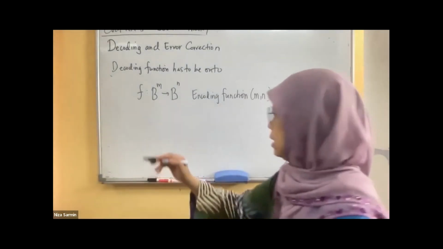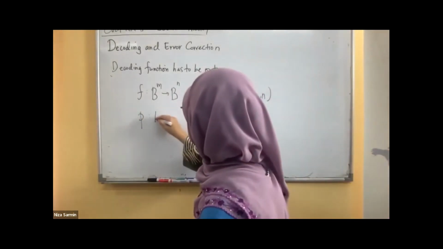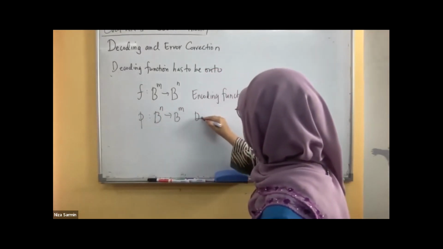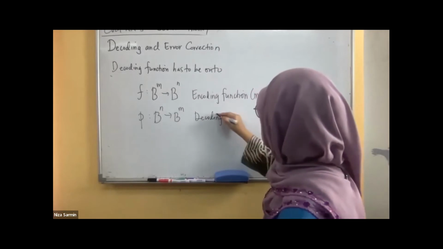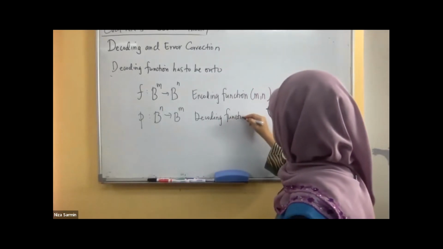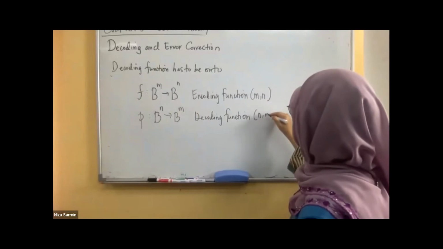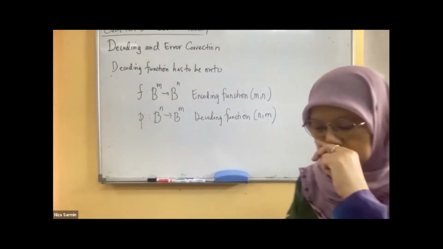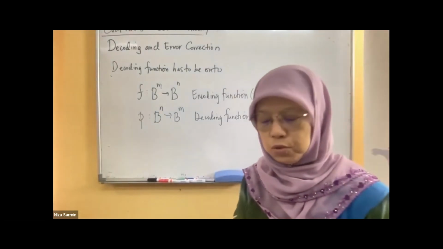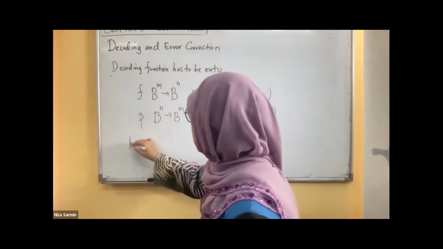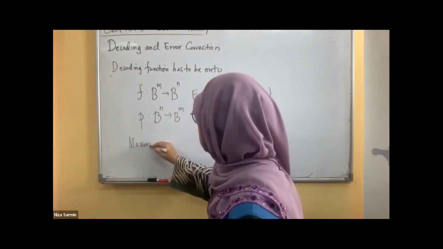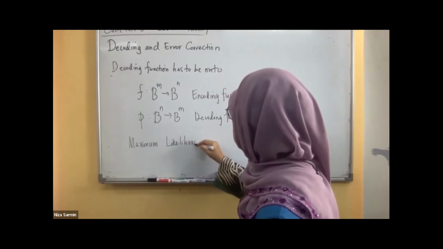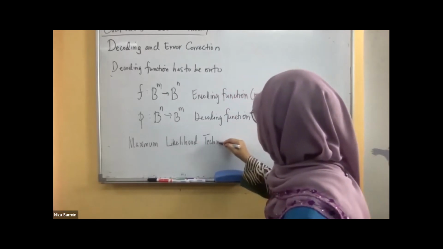So when we go back, call it P, from B^n to B^m, the decoding function from N to M. Now what we will do is to use a technique called the maximum likelihood technique.